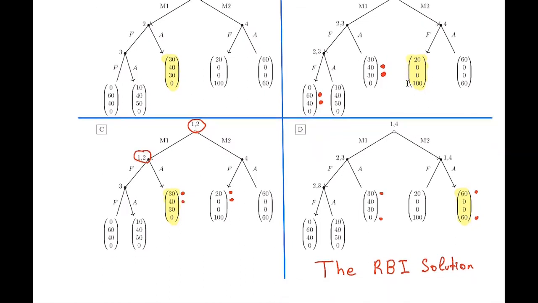Okay, so this is called then the recursive backward induction solution, in which player 1 and 4 cooperate, and in the off path, player 2 and 3 cooperate, as I have explained in step A, and this is the final solution.